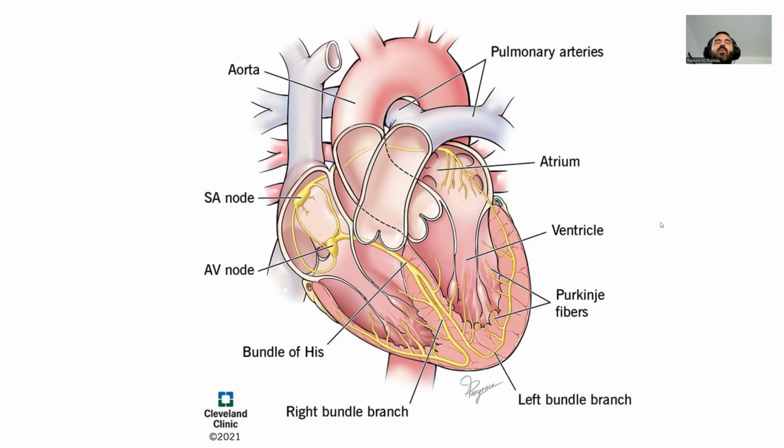So what's happening is there's cells that are sending out this electrical impulse. And as that impulse hits the individual myocardial cells, the cardiac muscle cells, they're activating them and forcing them to contract, just like any other muscle, right?